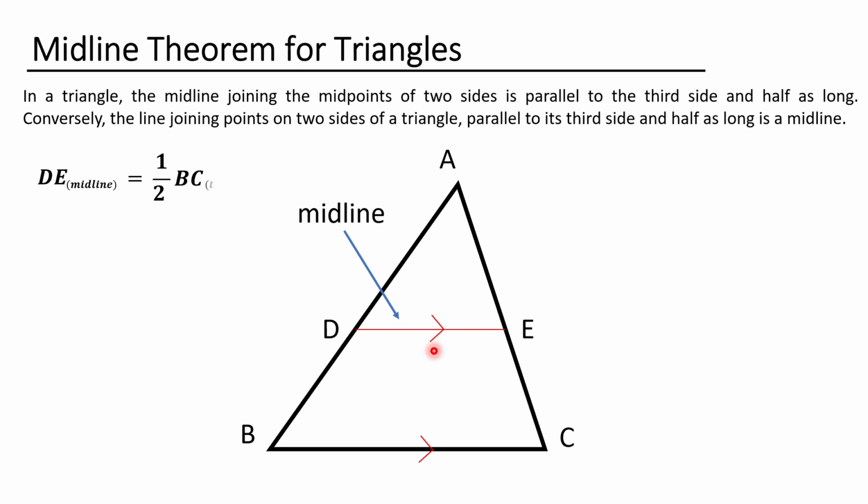Yung BC natin, ito yung third side ng ating triangle. Okay? So, ibig sabihin, yung DE pala, yung midline natin, is half lang yung size niya compared sa third side. So, kalahati.